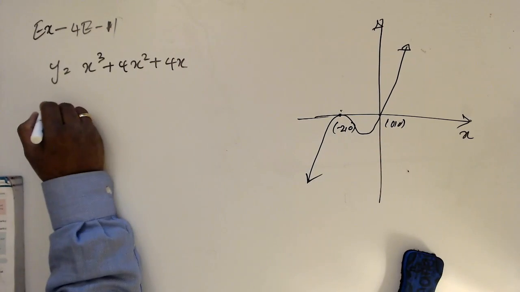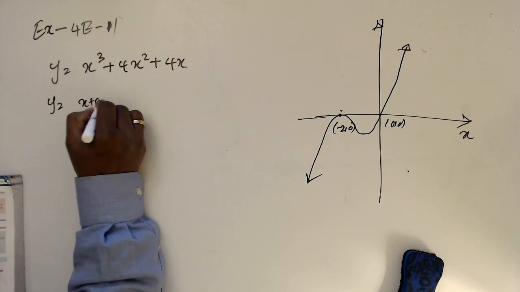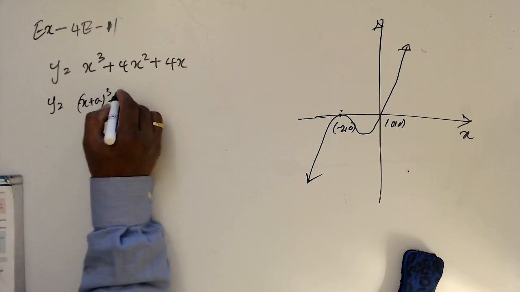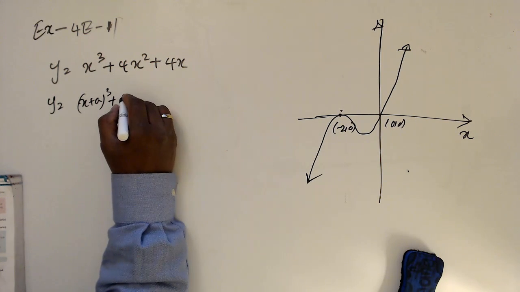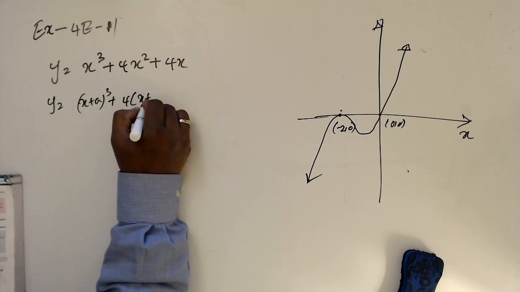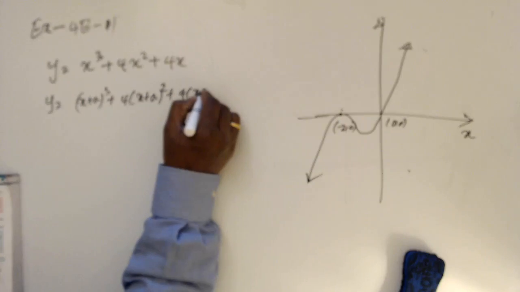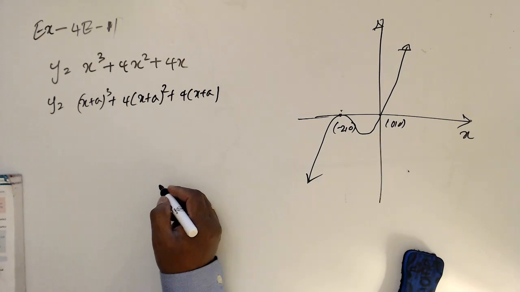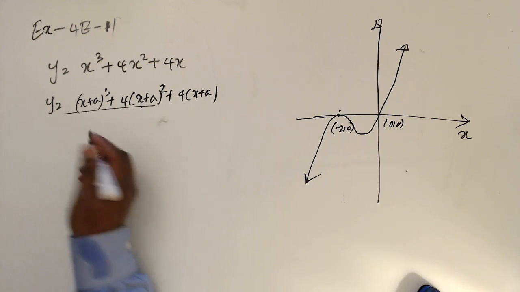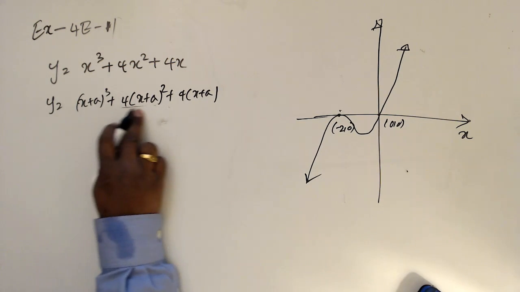Now we have another curve, y equals (x plus a) cubed plus 4 times (x plus a) squared plus 4 times (x plus a). This is part b. We have this curve.